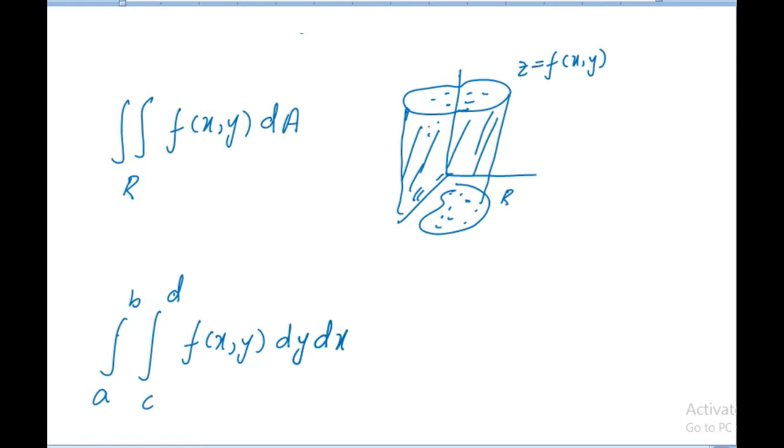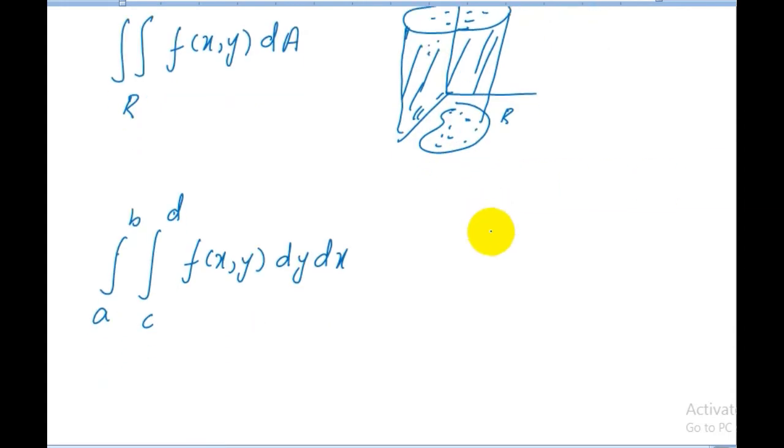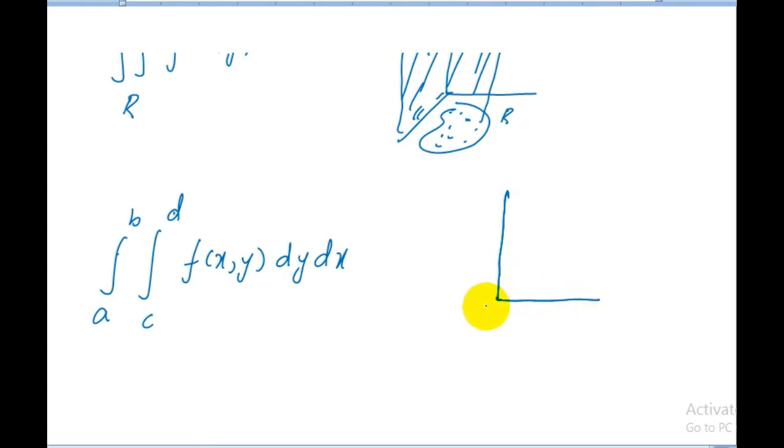Now we take a rectangular region. This rectangular region lies in the xy plane. So we take the rectangular region in the xy plane. This is our rectangular region over which this function f of x y is to be integrated.